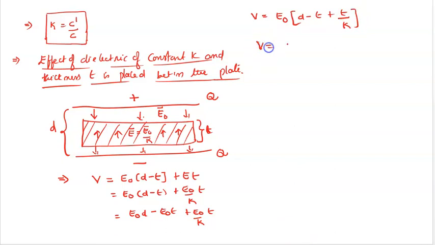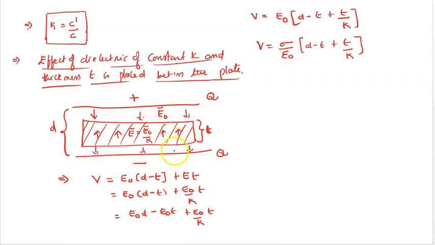V is equal to E0, and E0 is sigma by epsilon naught, into D minus T plus T by K. So here V is equal to sigma by epsilon naught into D minus T plus T by K. But the capacity C is equal to Q by V is the formula.